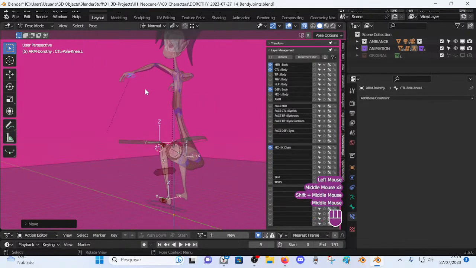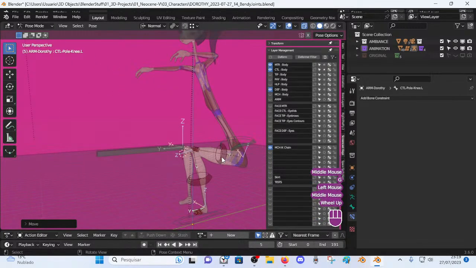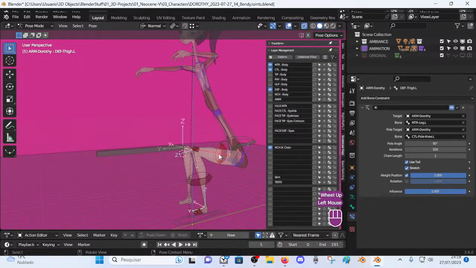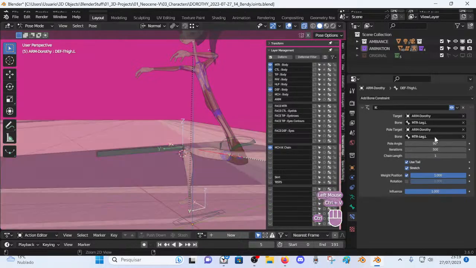The problem is that since they are using the same, and this is probably a mistake that I've done, let's do the following. Let this bone be the pole target of this.